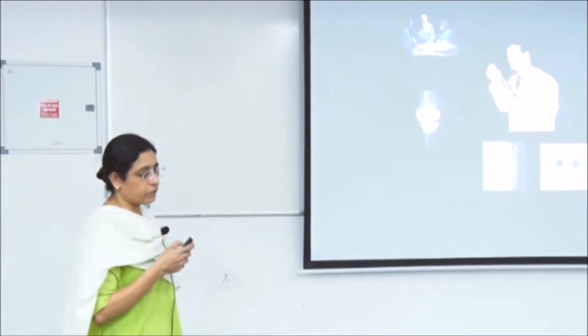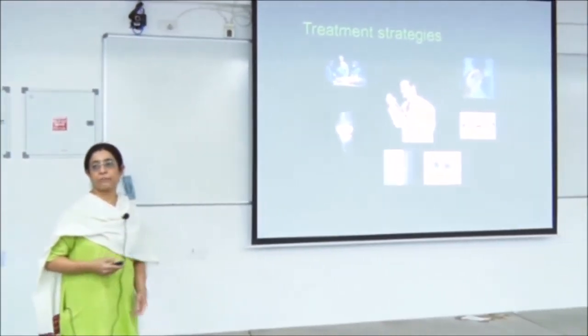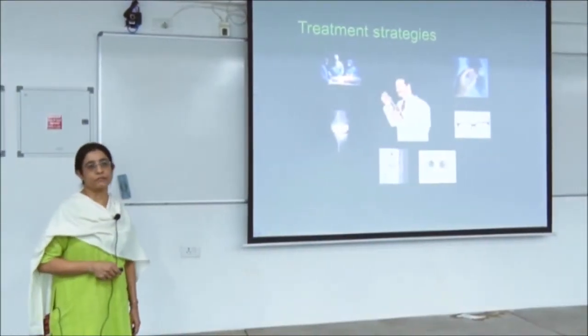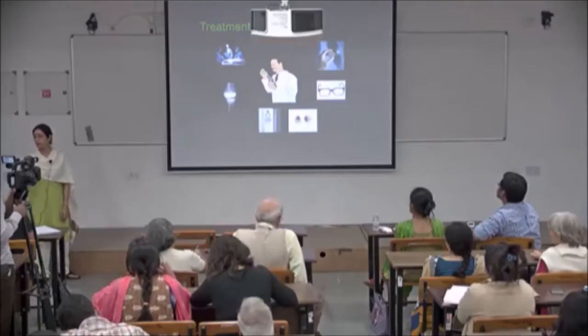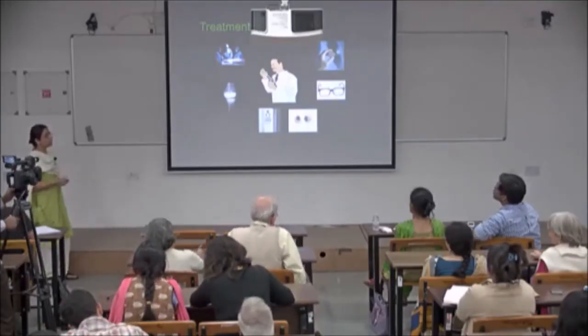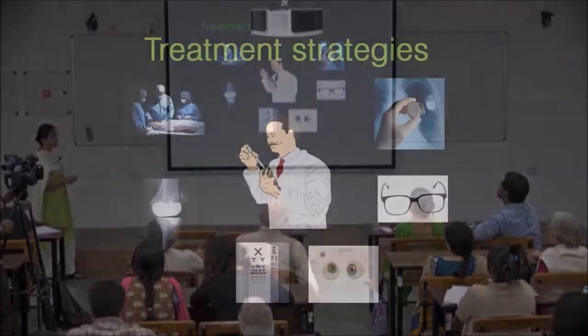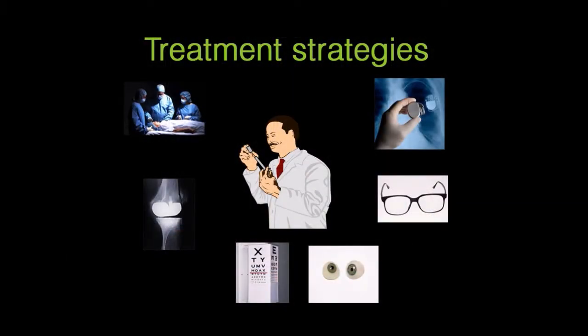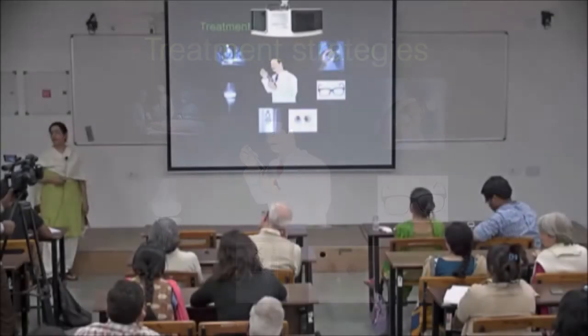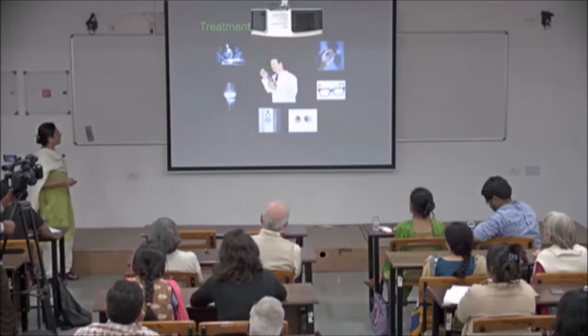And what to talk of the treatment strategies. The treatment will have to be in tune with the diagnosis. If the diagnosis is going to be looking at structures, then the treatment will have to be in step with it. So you can see that surgery plays a major role. And if there is anemia, there is supplementation of the structural entity that was reduced or missing. And you have organ replacements.